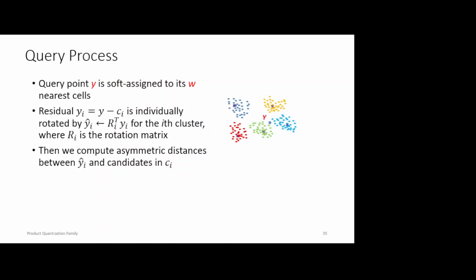Suppose I give a query vector y. The first step is, you see there are 1, 2, 3, 4, 5 clusters, and we want to find its nearest clusters. Suppose we want to find the 3 nearest clusters. So here are 3 close clusters.